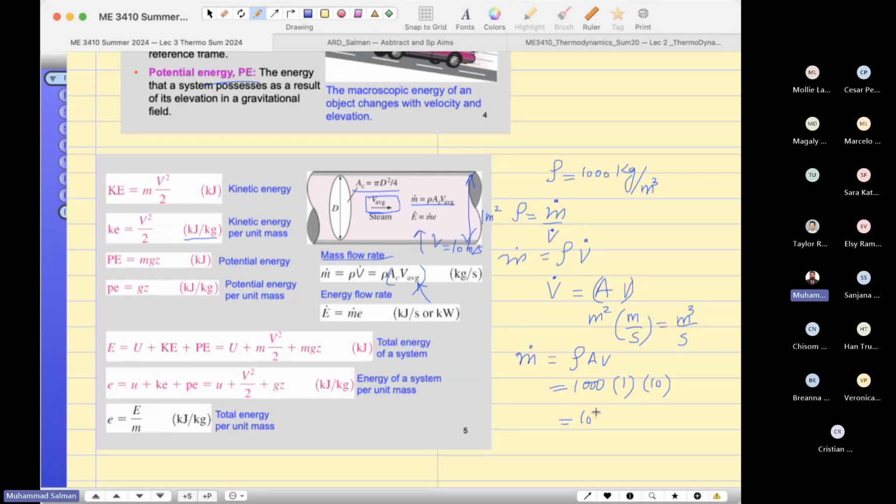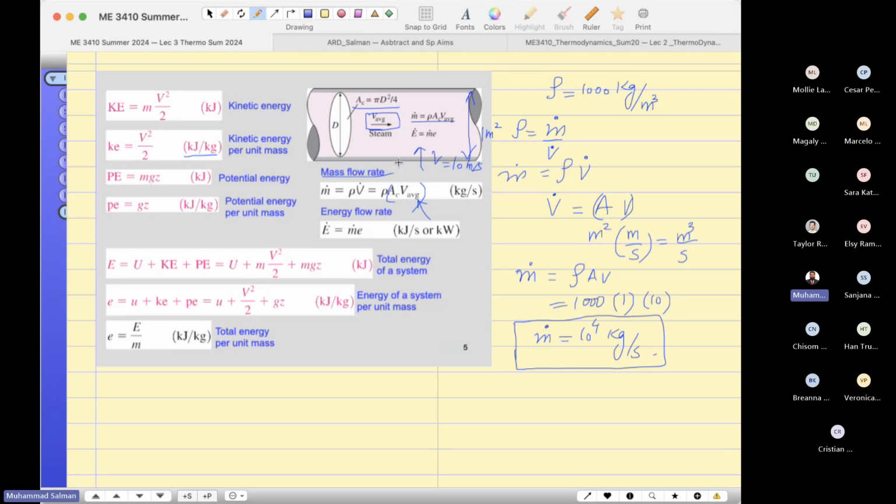So it is 10 to the 4 kilograms per second. So this is how you find out the mass flow rate of a stream when you are given the cross section area of the tube or pipeline, and the average velocity. This is very easy. I'm just repeating it because you might need this information when you are solving problems, time and again.